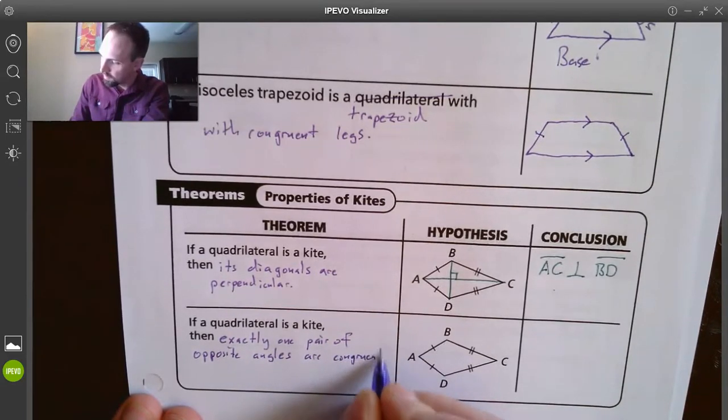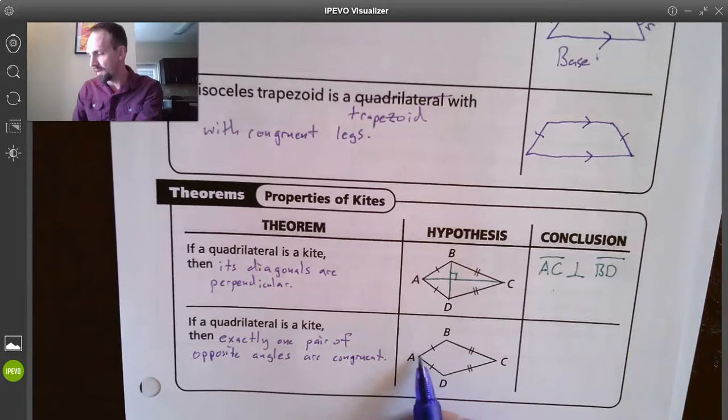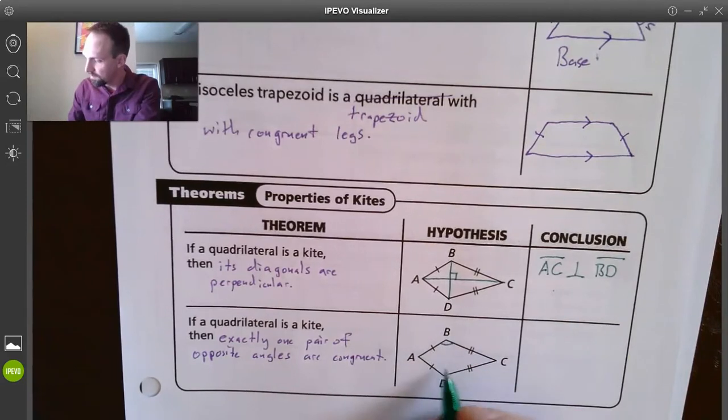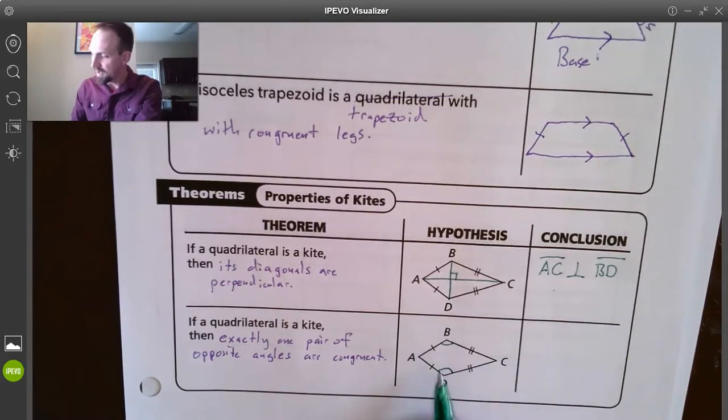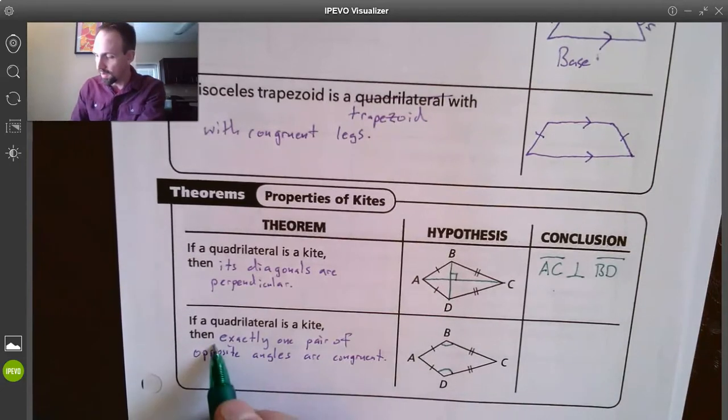So what that means, in this diagram here, if I measure angle B and angle D, those two angles are going to be exactly the same. And it kind of makes sense picture-wise. A doesn't necessarily have to be the same size as C, and it won't with a kite. It can never be. That's why we said the word exactly.